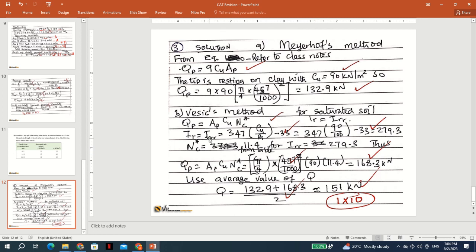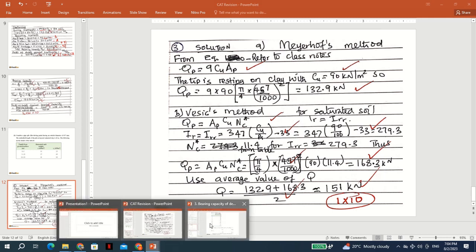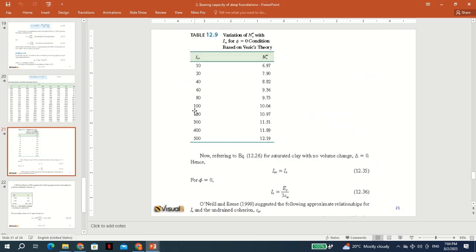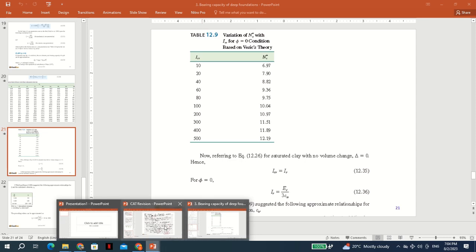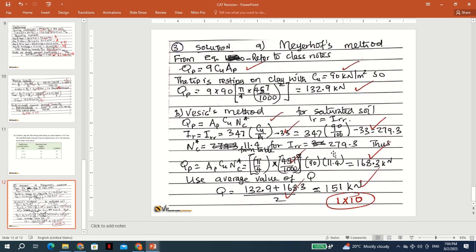Based on Ir you get 279.3, and 279 is somewhere here, so the values are between 10.97 and 11.51. If you extrapolate from that table, you get a value of 11.4, then substitute in this formula, get 168.3, and in such a scenario where you get two different values, you find the average.